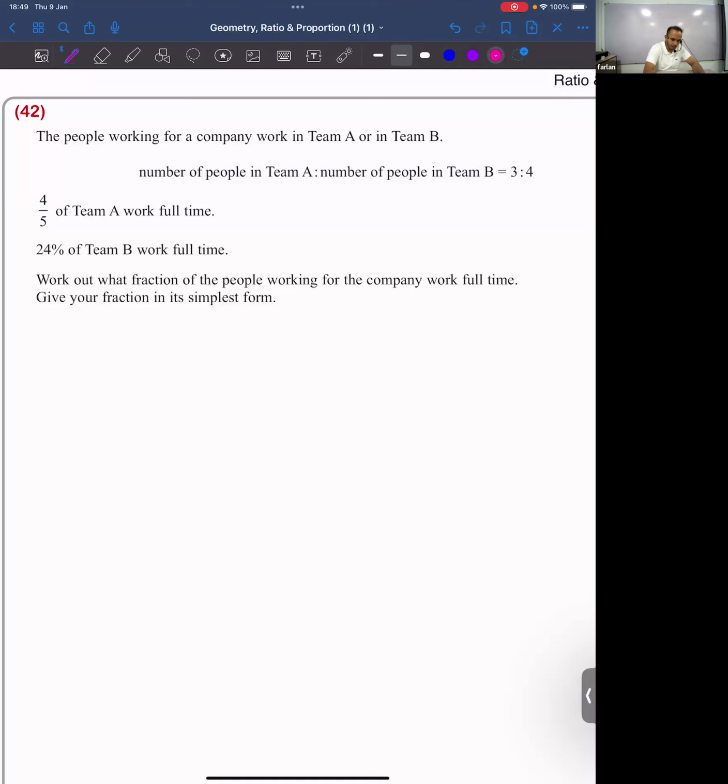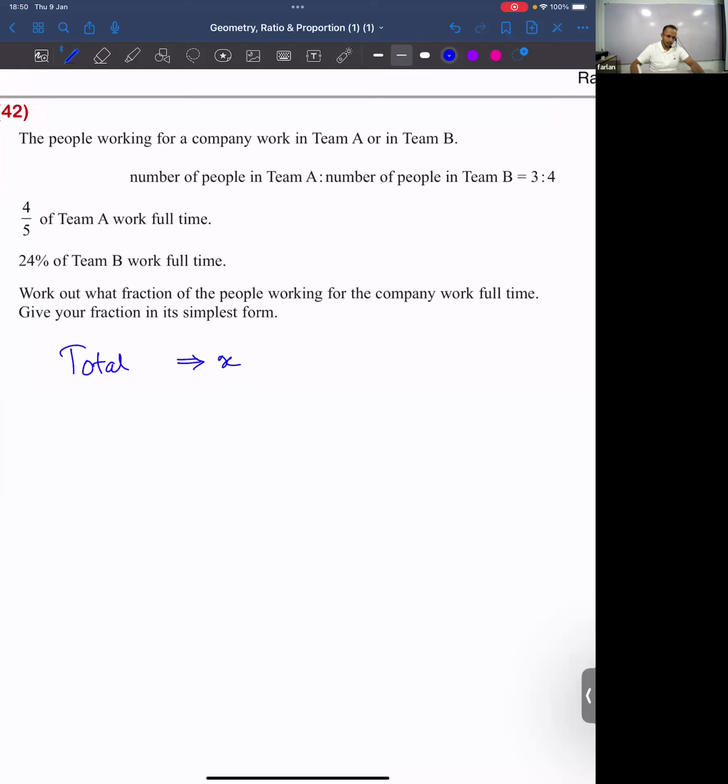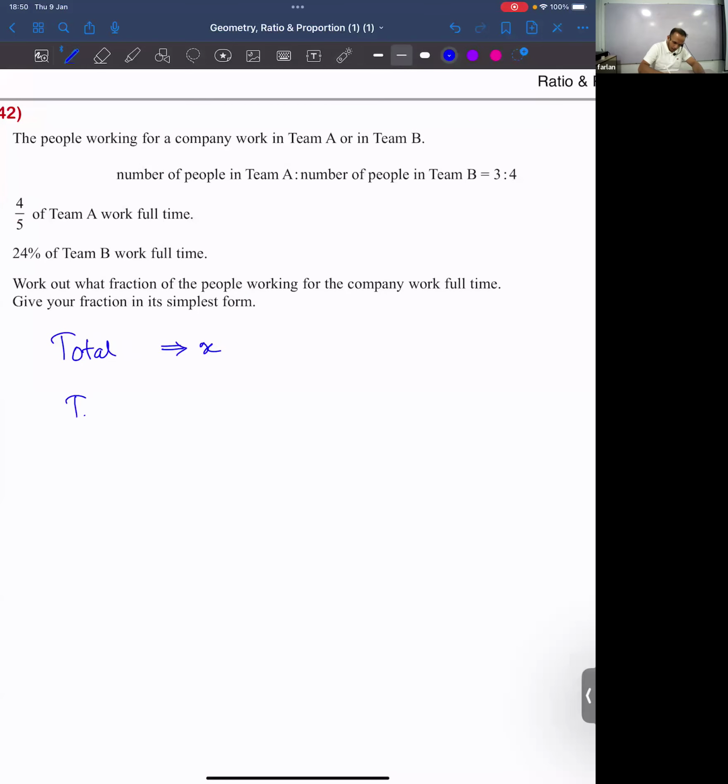Right, listen. Guys, let me take the total number of people in this company to be X. Total number of people in the company is X. Then team A, how many people will be there? 3/7 of X. Agreed? 3:4, no?